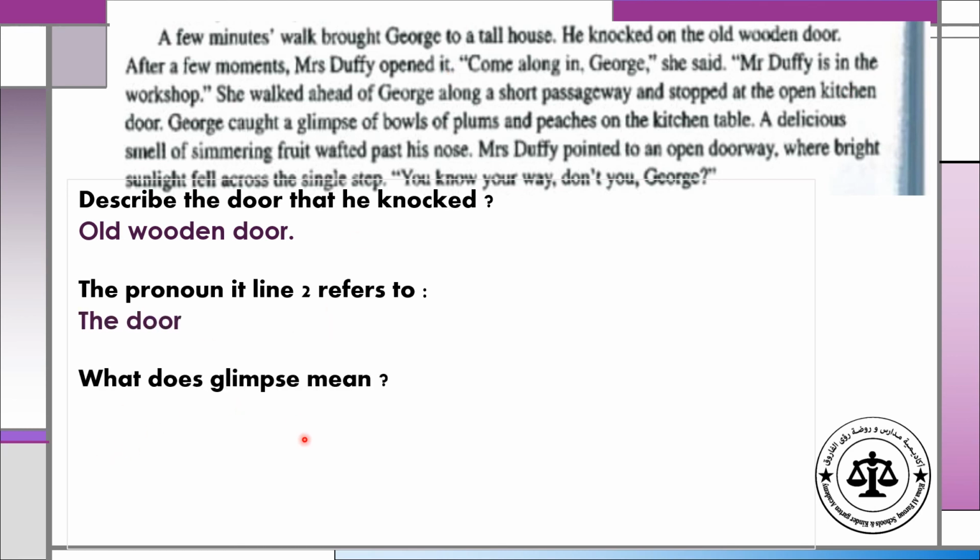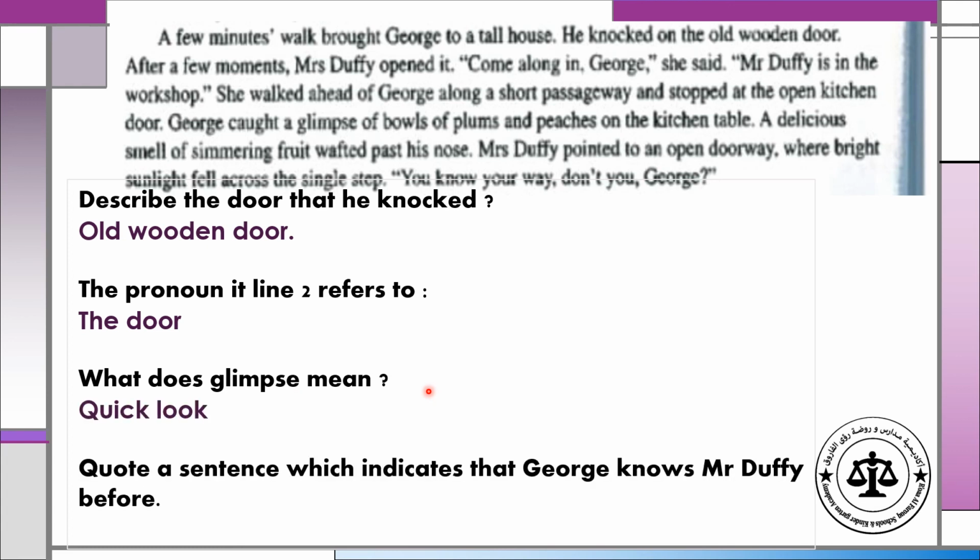What does glimpse mean? نظرة أو لمحة سريعة, in English, quick look. The last question: quote a sentence which indicates that George knew Mr. Duffy and Mrs. Duffy before. When Mrs. Duffy said, You know your way, don't you, George?